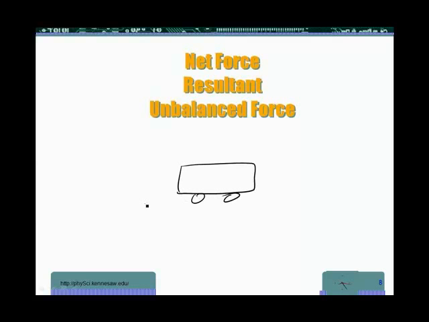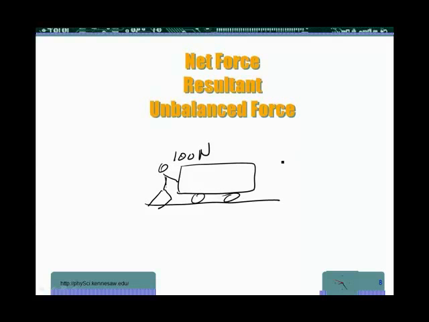Going back to our card here, if I have someone push it, let's say I'm going to use the unit with a force of 100 newtons. If there is no other force pushing it along that same direction, that force is going to be unbalanced.